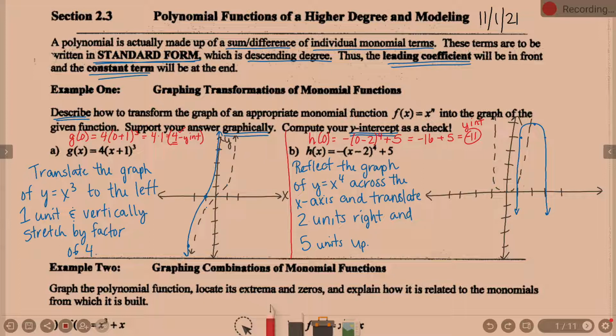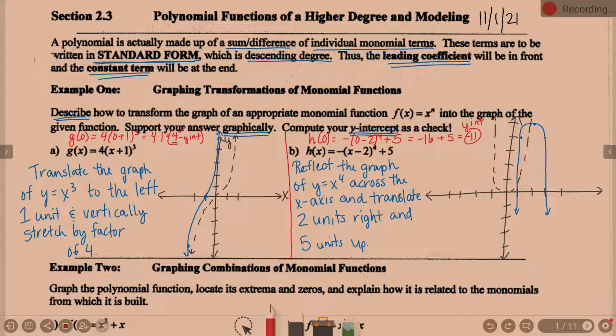Could a y-intercept of negative 11 make sense? It's going to be down here somewhere. Could my graph end up over there? Yes, it could. If I'd gotten a y-intercept up here somewhere, that would make sense. But the fact that we were going to have to go 2 over and then 16 down, negative 11 makes perfect sense.